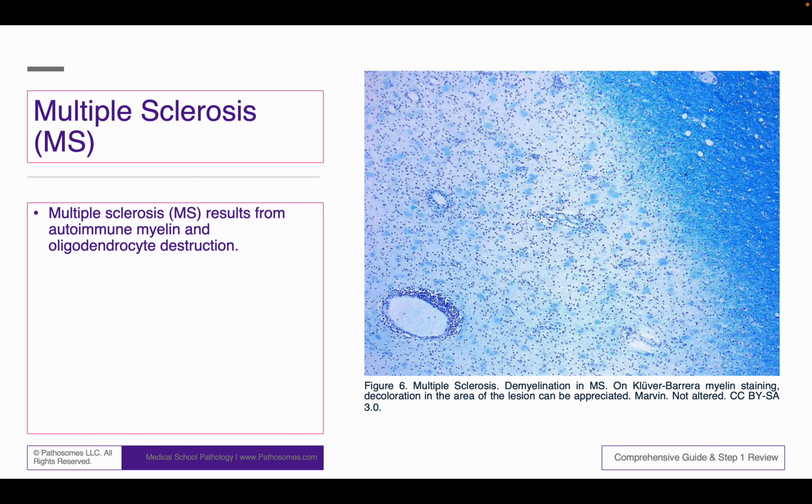Multiple sclerosis results from autoimmune myelin and oligodendrocyte destruction. To the right, we could see a histologic section from a decolorized microscopic image of multiple sclerosis.